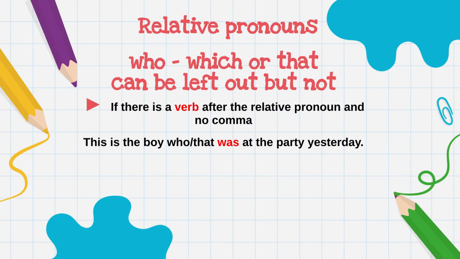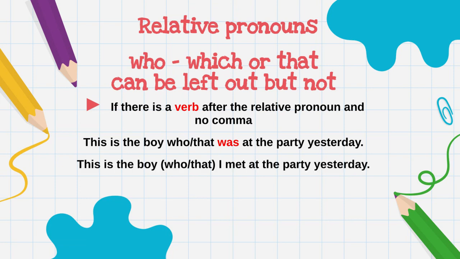Impossible. So this is the boy who or that was at the party yesterday. This is the boy I met at the party yesterday. That's possible. This is the boy who I met at the party yesterday. And this is the boy that I met at the party yesterday. All are possible because there's no verb after the relative pronoun.